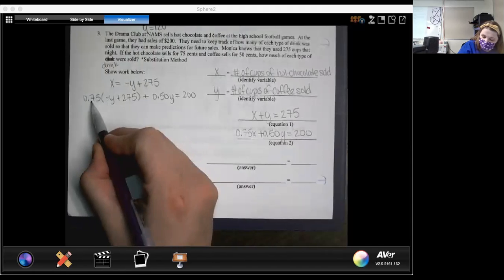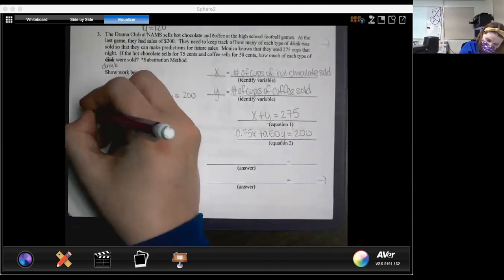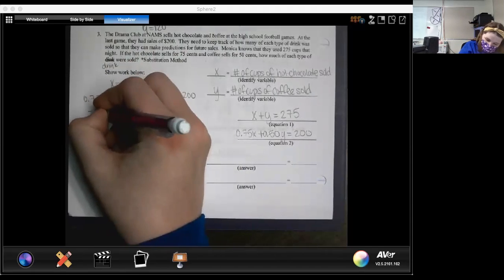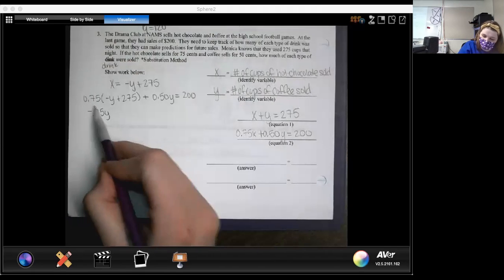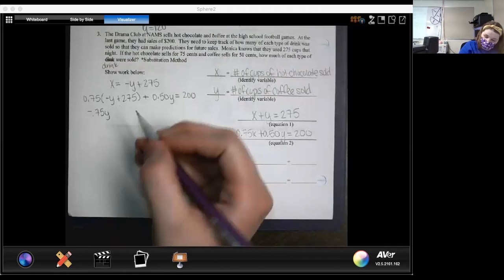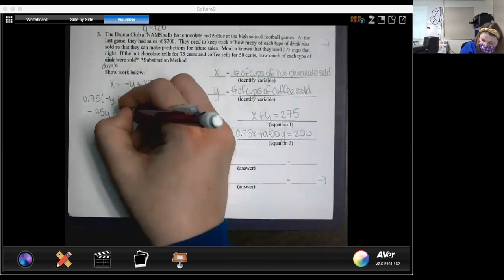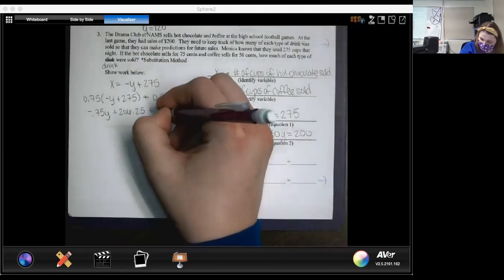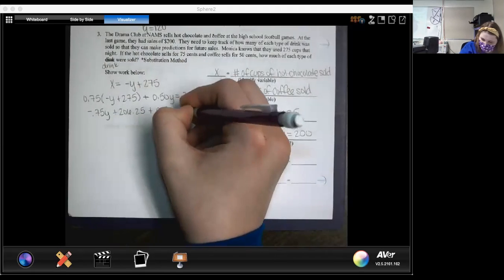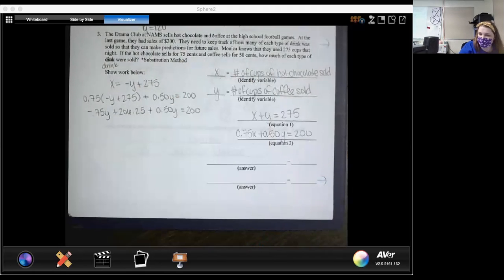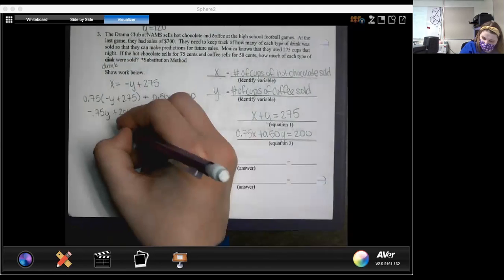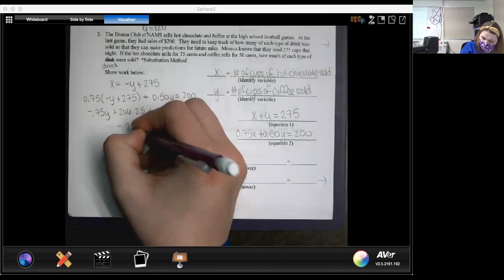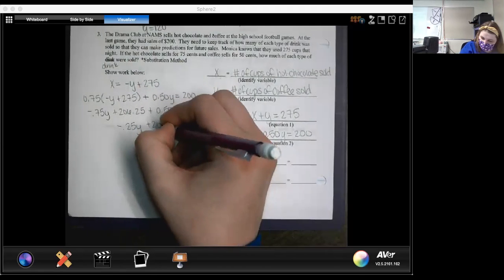So we distribute. 0.75 times 275 is 206.25. Okay. Combine like terms, you should get negative 0.25y plus 206.25.